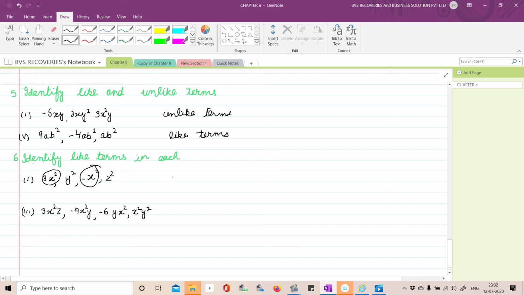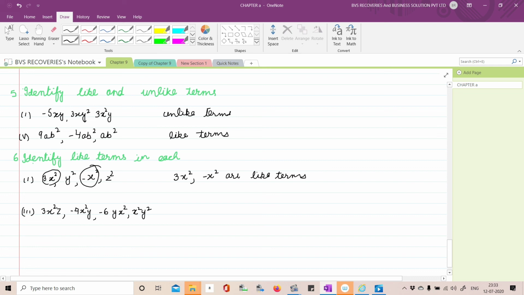So you will write here 3x^2 and minus x^2 are like terms. Understood? Same way, we can do its third part also.